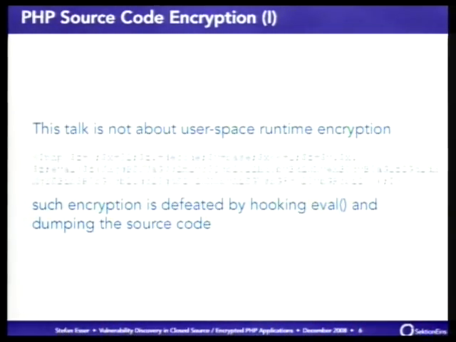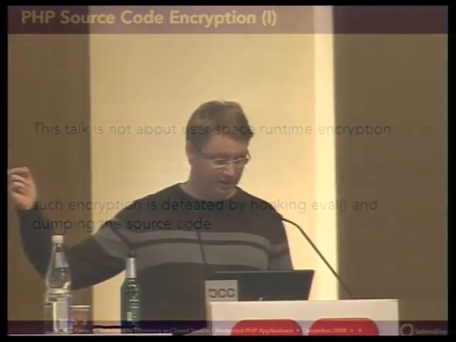When I speak about encrypted PHP applications, I don't mean something that just creates some obfuscated PHP code and then calls the base64 decode function to decode some string and evaluates it.